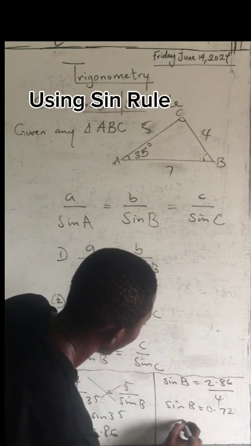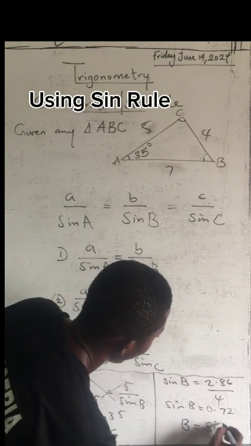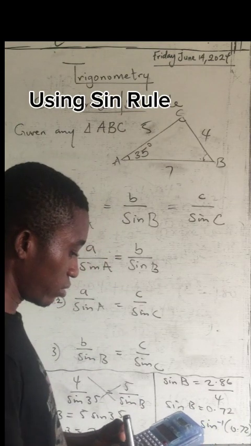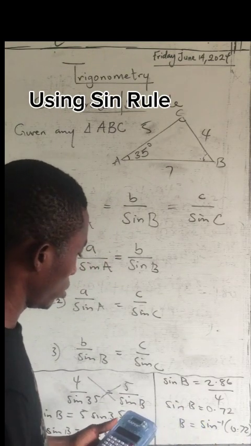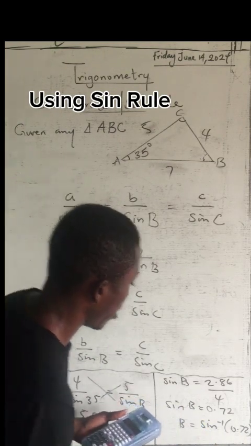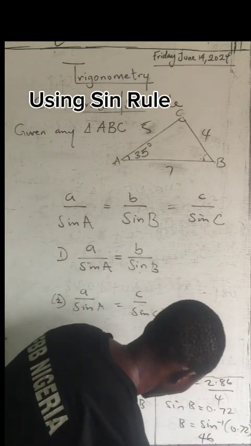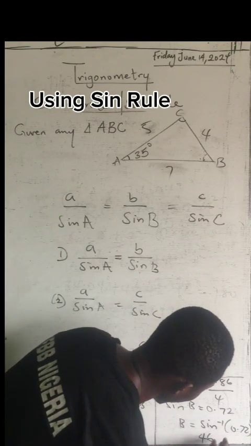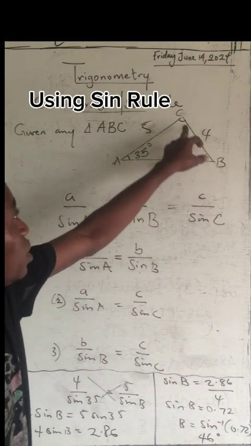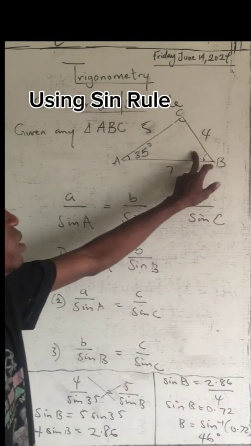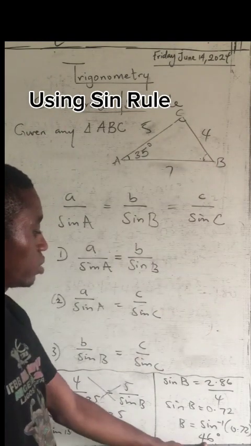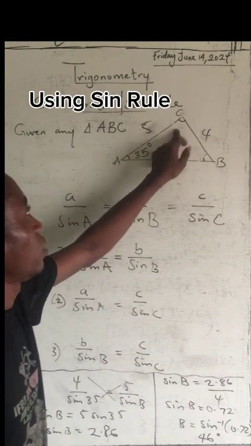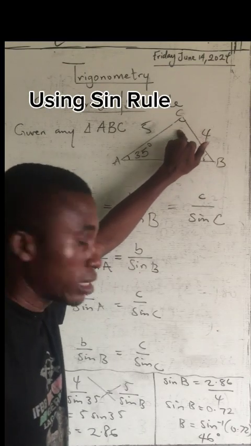From here, I can have that B is sine inverse of what is here, then I have 0.72. So I have 46, just 46 degrees. That gave me the angle I'm looking for in this place. So since our B is 46 degrees, then just sum this together and remove it from 180. That will give you the angle that we have in this place.